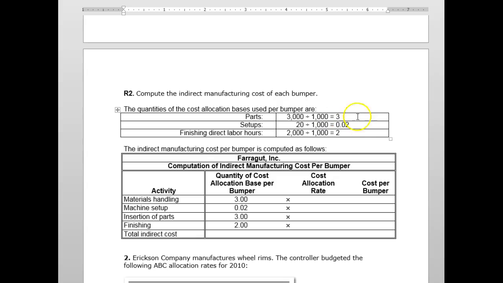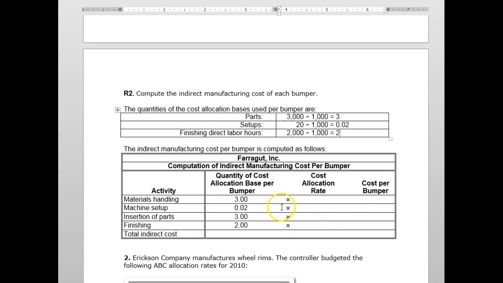We're going to use 3 parts, 0.02 setups, which is 20 divided by 1,000, and finishing direct hours for each bumper is going to be 2 hours per bumper. So we're getting down to the details.